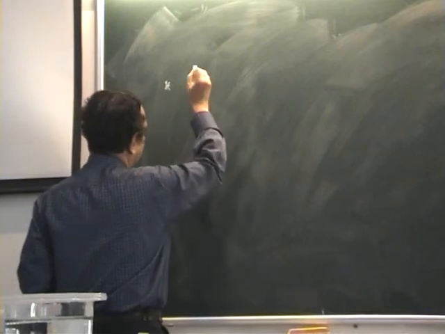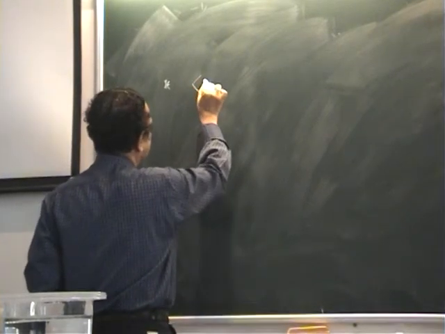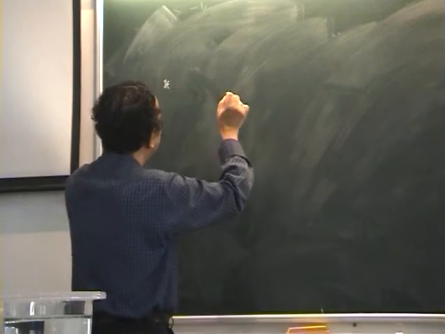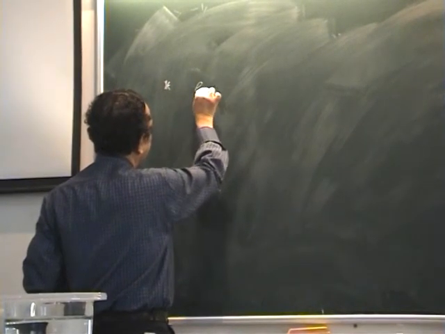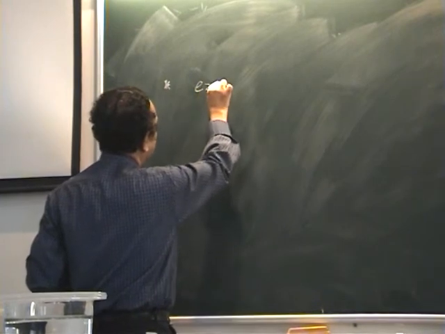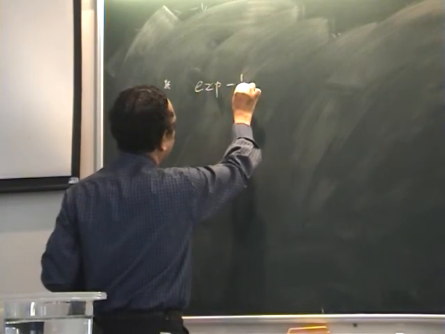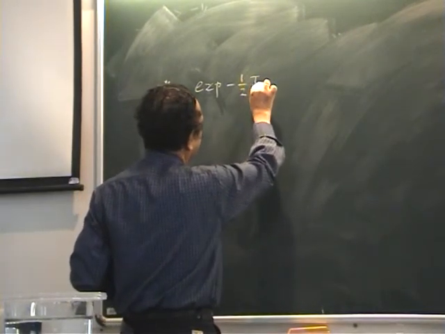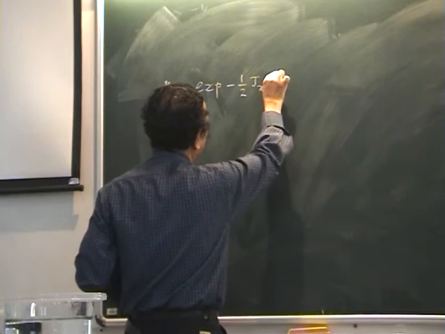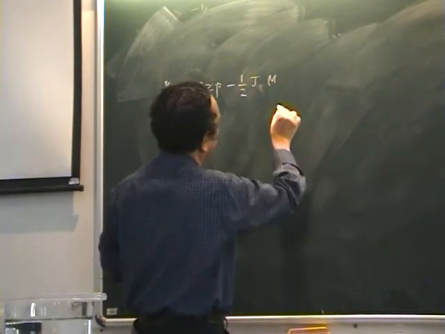With our expression, we can do it in two different ways. So let me do it in the following way. You start with the exponential of minus some J x m x y. So I will even cut it down further.